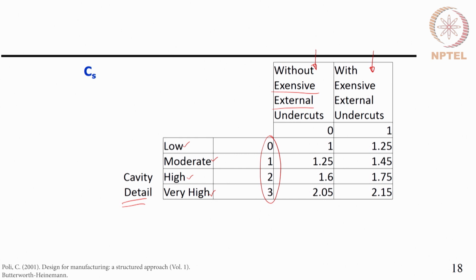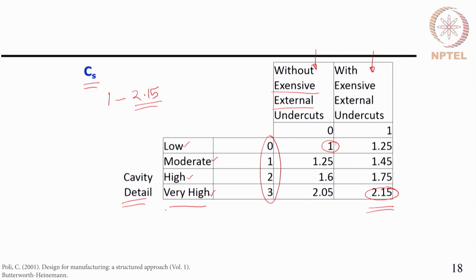As I said earlier, the CS value itself can be as low as 1 to a maximum value of 2.15. That means the basic cost may be retained or the basic cost can become as high as 2.15 times the originally computed cost, because of these additional cavity details to be machined.